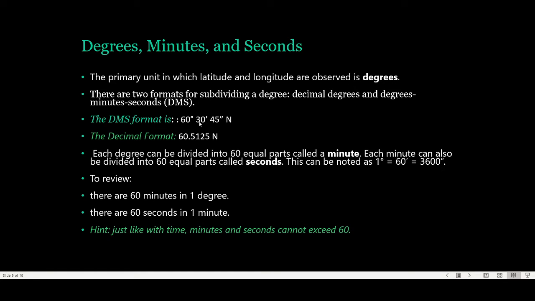So the minutes cannot go past 60, and the seconds cannot go past 60 as well. But the degrees can only go up to the maximum of the latitude degrees, which we know is 90 degrees, and then the longitude degrees, the maximum is 180 degrees. So it just depends on what latitude or longitude you're talking about.